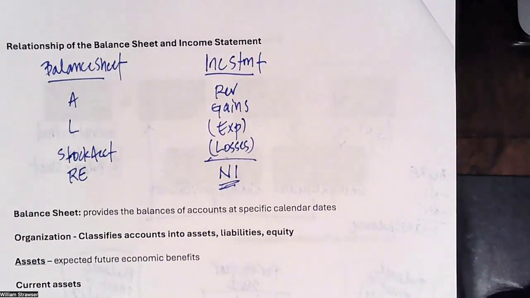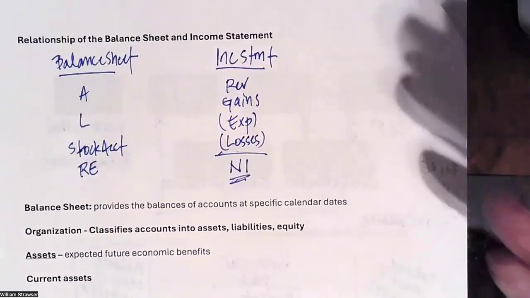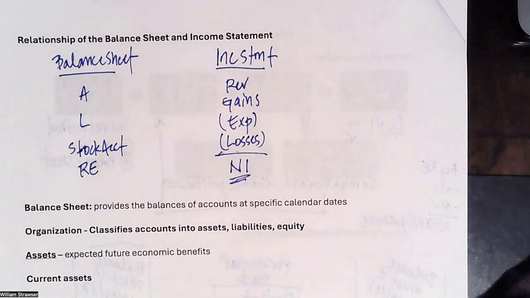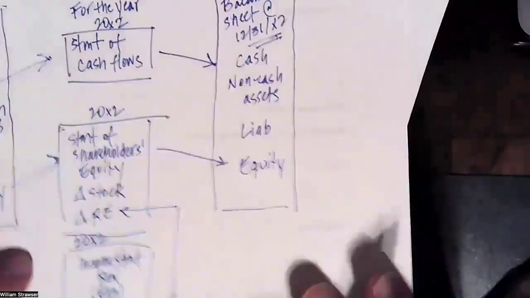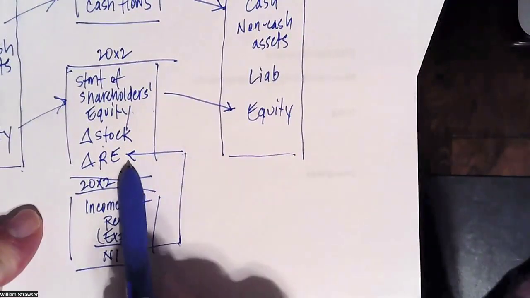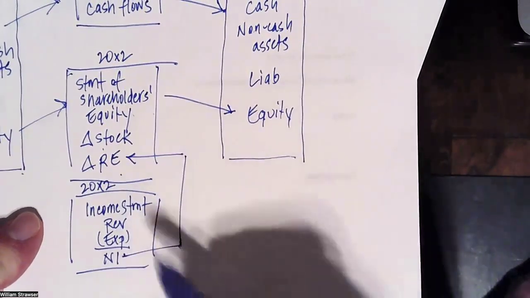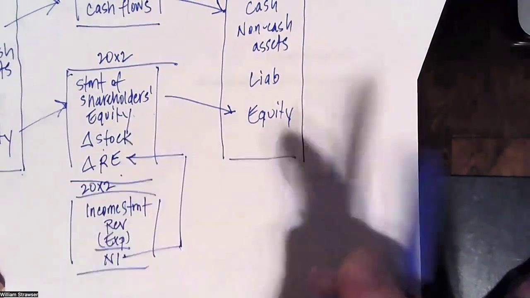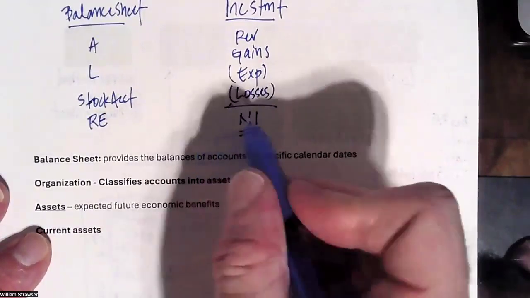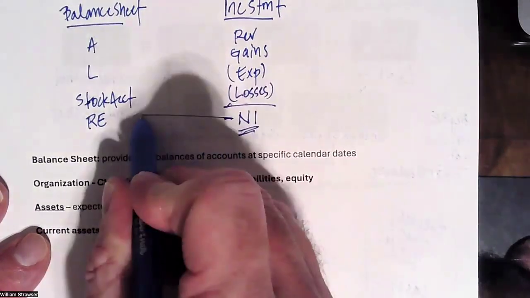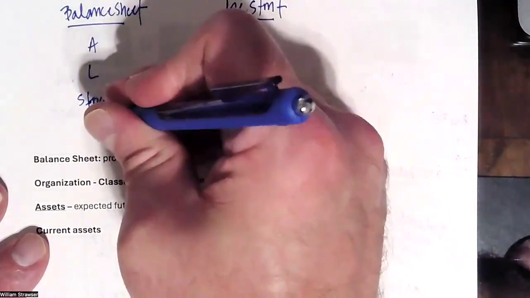All right, so now the question becomes, how does the income statement tie into the balance sheet? Well, from the prior visuals that we have, definitely income ties into the statement of retained earnings, which is an equity account. So that's our first cut. As we close net income, it affects retained earnings.